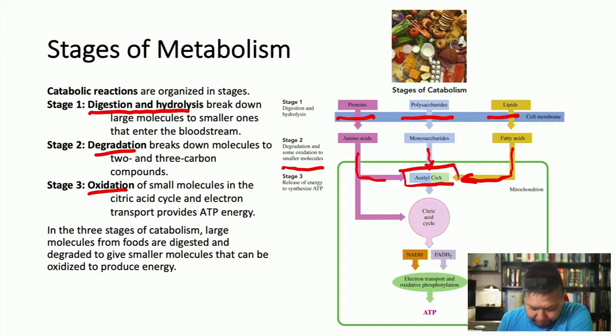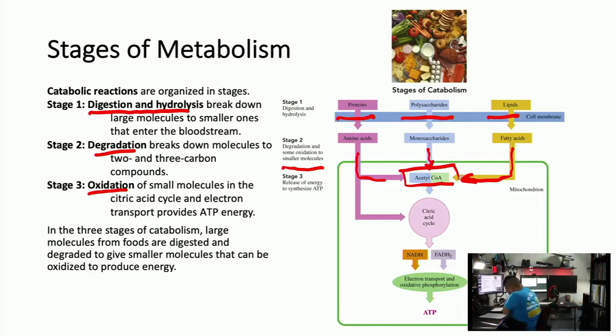And then acetyl-CoA is the first step in going into the citric acid cycle, where FADH and NADH, the electron carriers, are used in the electron transport chain to produce ATP. And that's stage 3.